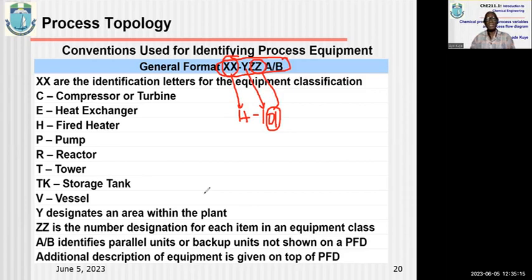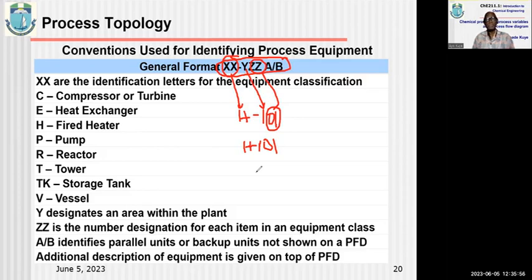So what this is telling us is that if you see H101, for instance, you have a fired heater that is located in area 100, and the number of that fired heater is 01.